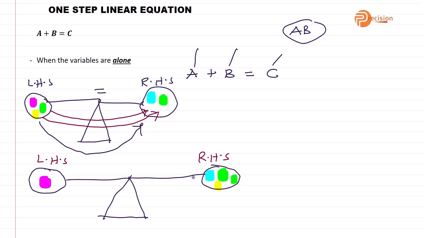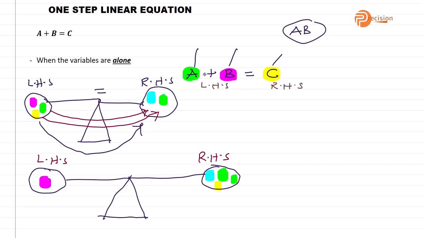So very simple. Now if we have this situation, A as green, B as pink, and C as yellow, and we are asked to move A to the right hand side. Remember, this is the left hand side and this is the right hand side.